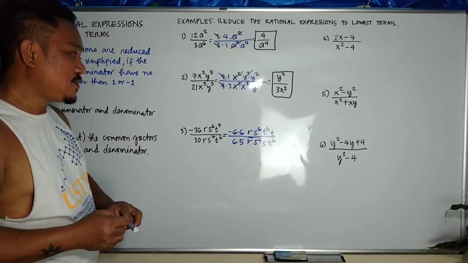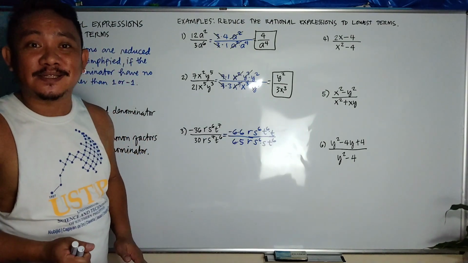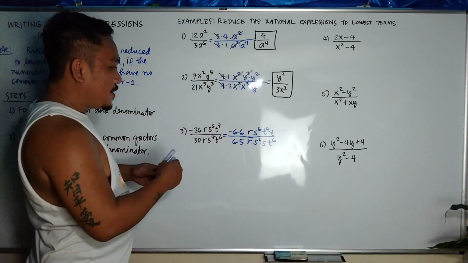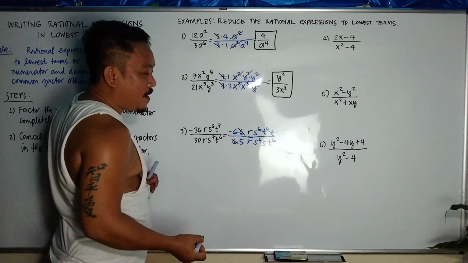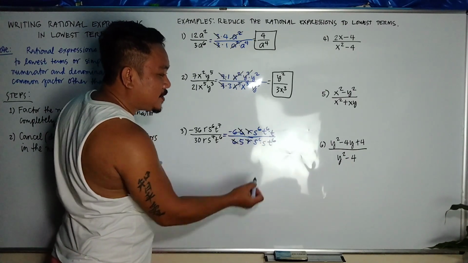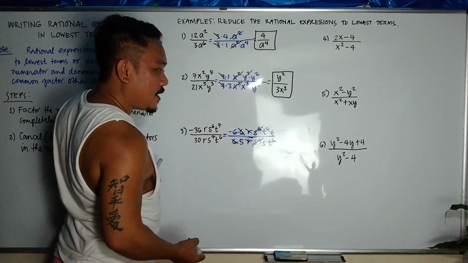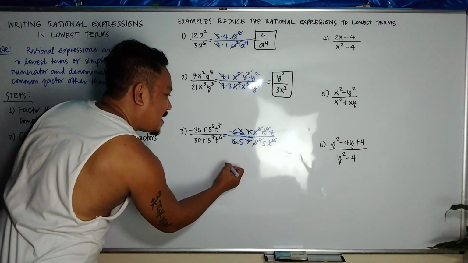Okay? So, at this point, makita na nato atong pwede i-cancel nga pareha sa numerator o denominator. Okay? So, klaro kayo, we can cancel 6. Okay? For the variable r, of course, for s to the 6, then t to the power of 6 and t to the power of 6. So, unsa na nabilin?